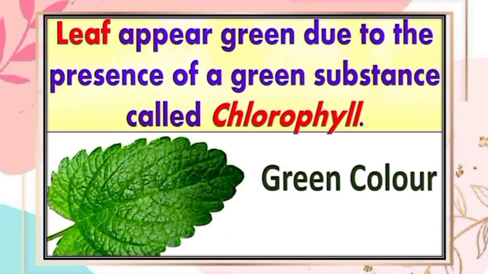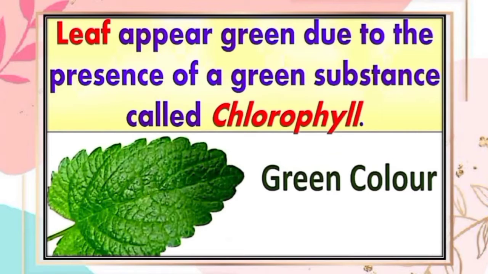They are green due to the presence of a substance called chlorophyll in the leaves. So children, chlorophyll is a substance which is present in the leaf of the plant, and because of this substance called chlorophyll, the green plants appear green in color.